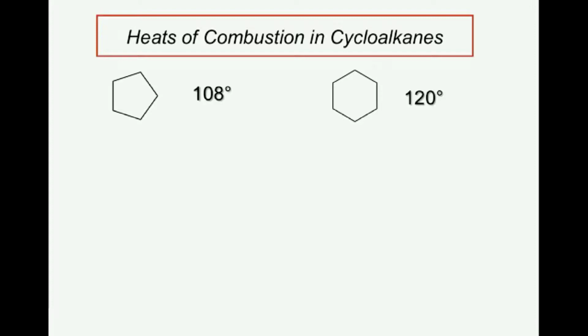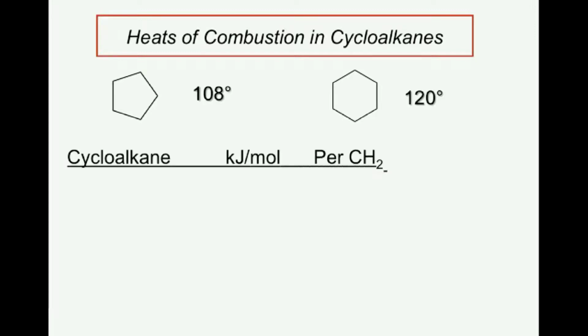In contrast, up on the upper right, planar cyclohexane would have bond angles much greater than 109.5 and therefore should be much higher in energy than cyclopentane should be. If we look at the experimental heats of combustion, however, we notice something very odd.